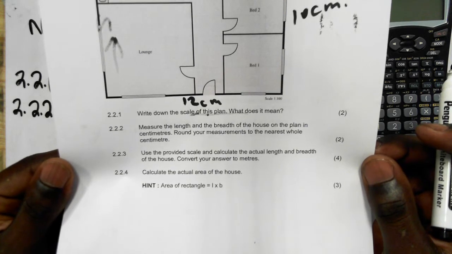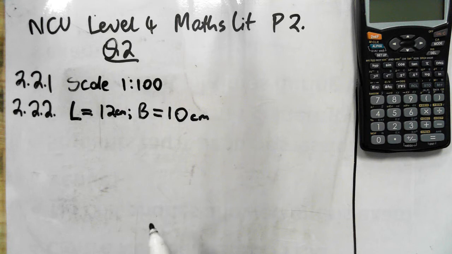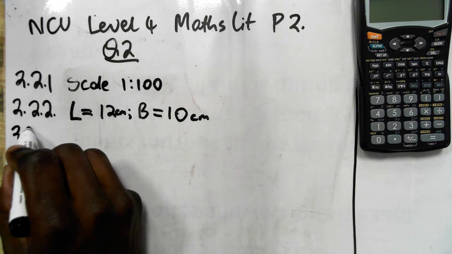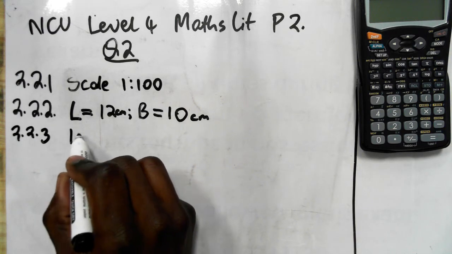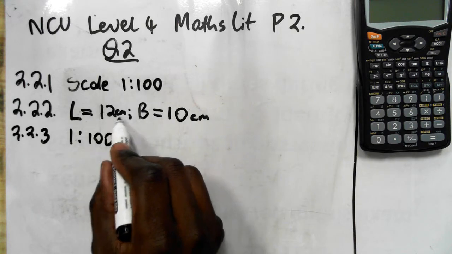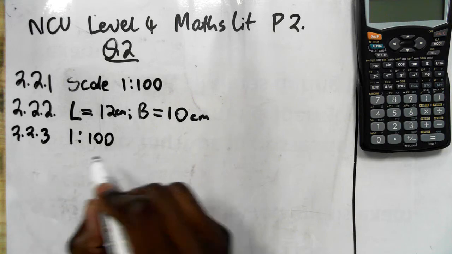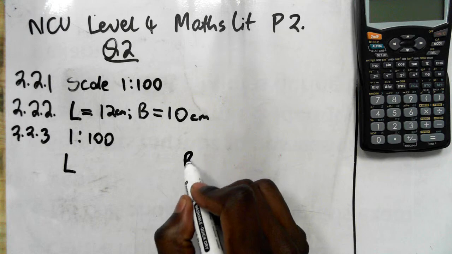Convert your answer to meters. Very good. So in any case, ladies and gentlemen, you write down your scale first. So your scale says 1:100. So what we have measured on the plan is 12. So we are dealing with length here. So we're going to split it like this. It's going to be length on this side and it's going to be breadth on this side.